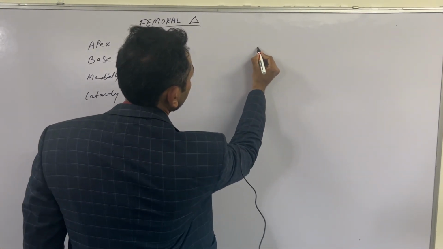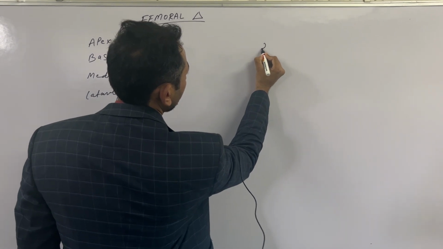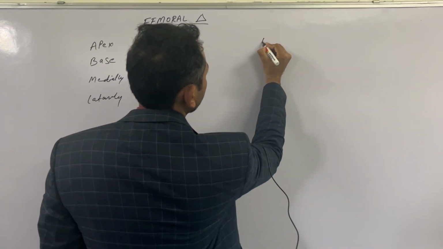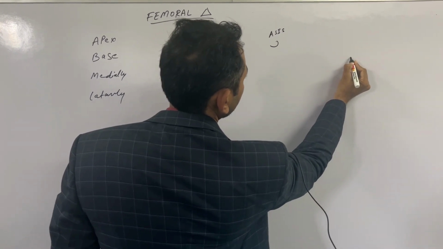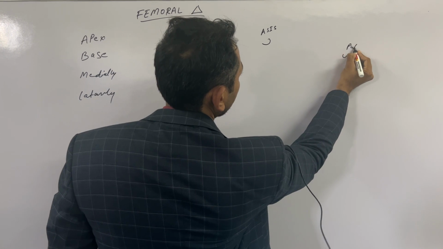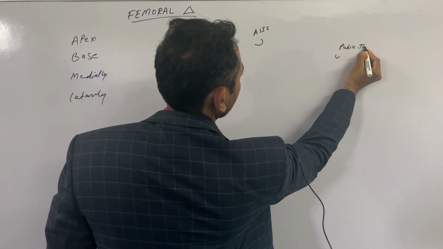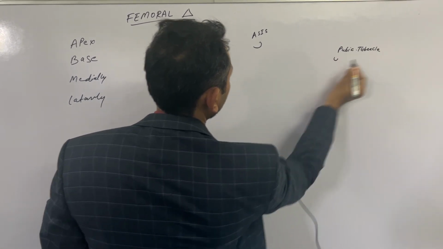So this is the anterior superior iliac spine, and this is the pubic tubercle.